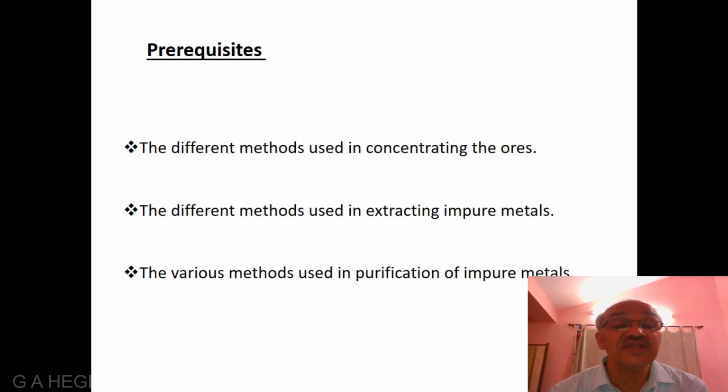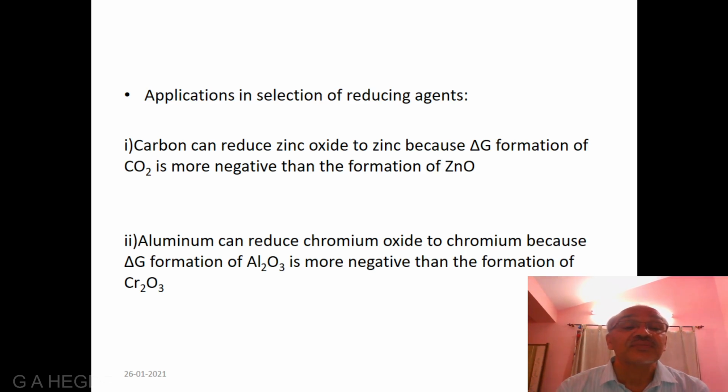In order to understand this, you must have the knowledge of the different methods used in concentrating the ores, the different methods used in extracting impure metals, and also the various methods used in purification of the impure metals. With this, let us discuss the use of Ellingham's diagrams in selecting the reducing agent.